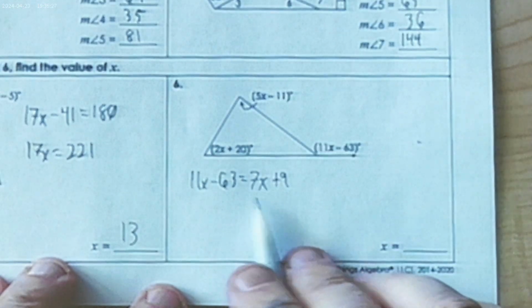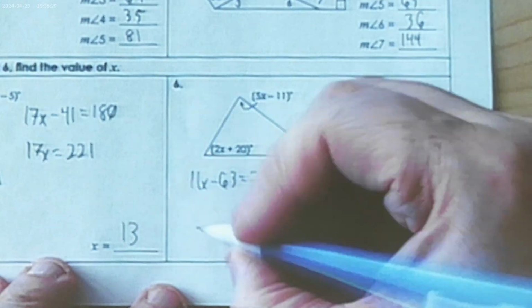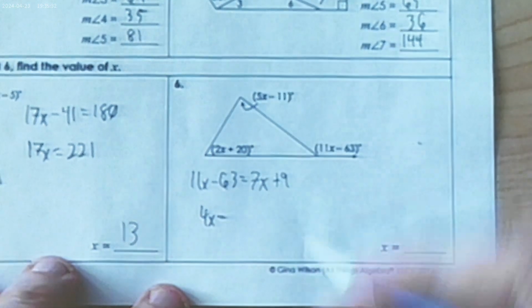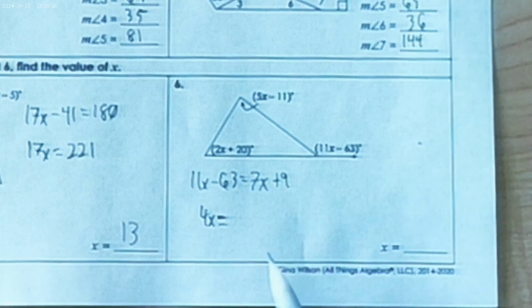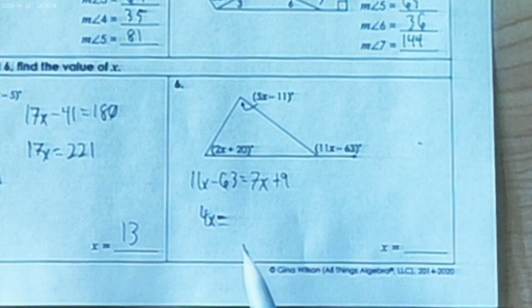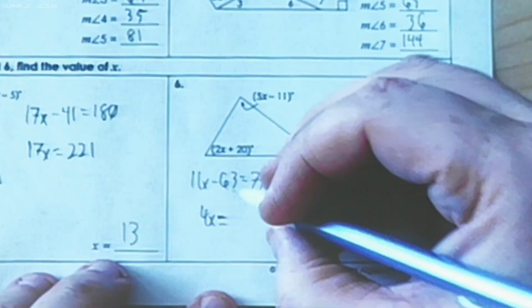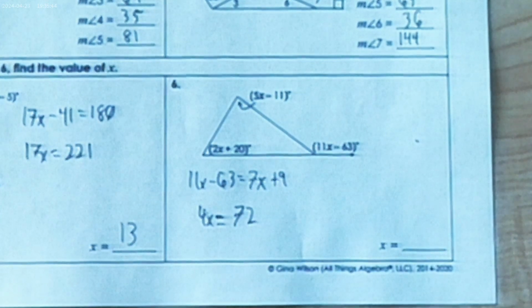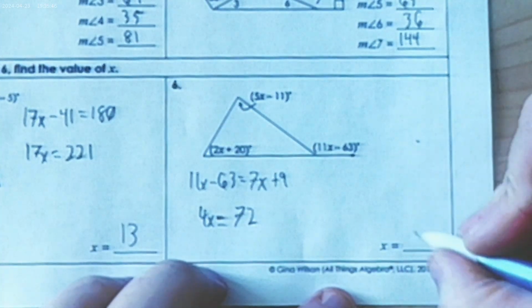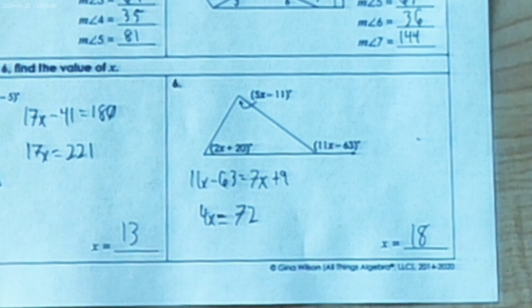Subtract 7x from both sides. That gives me 4x equals, then I'm going to add 63 to both sides. Oof. Get 72. And so 72 divided by 4, x is going to equal 18. And that will be my final answer.